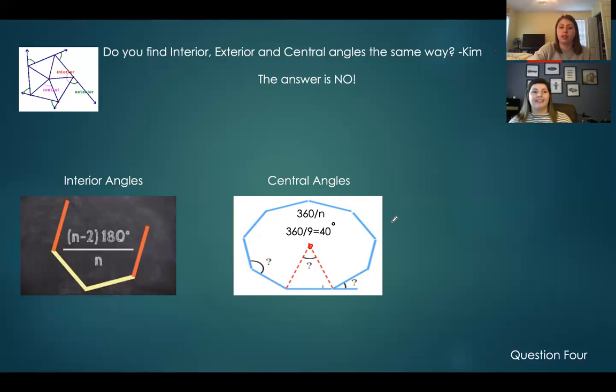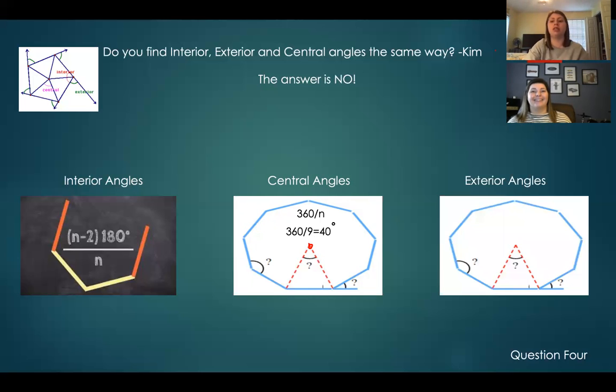Okay. It's pretty easy. Let's look at exterior angles. Exterior angles are a little bit more complicated to me, but not frustrating. It takes a little time to understand. So exterior angles are our outside angles, and we know that this angle right here is 140 degrees. If we were to take 180 minus 40, 180 minus 40 would give us 140 degrees right here, correct?